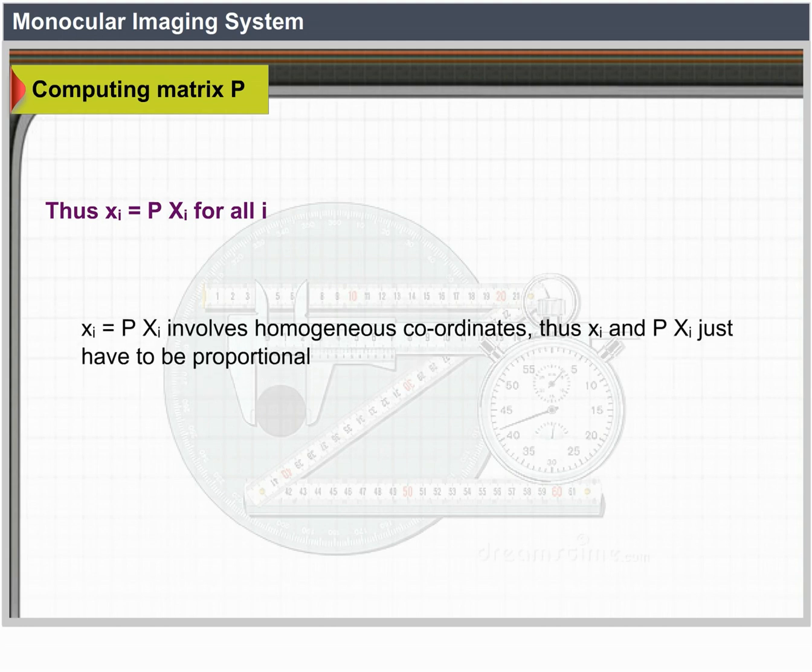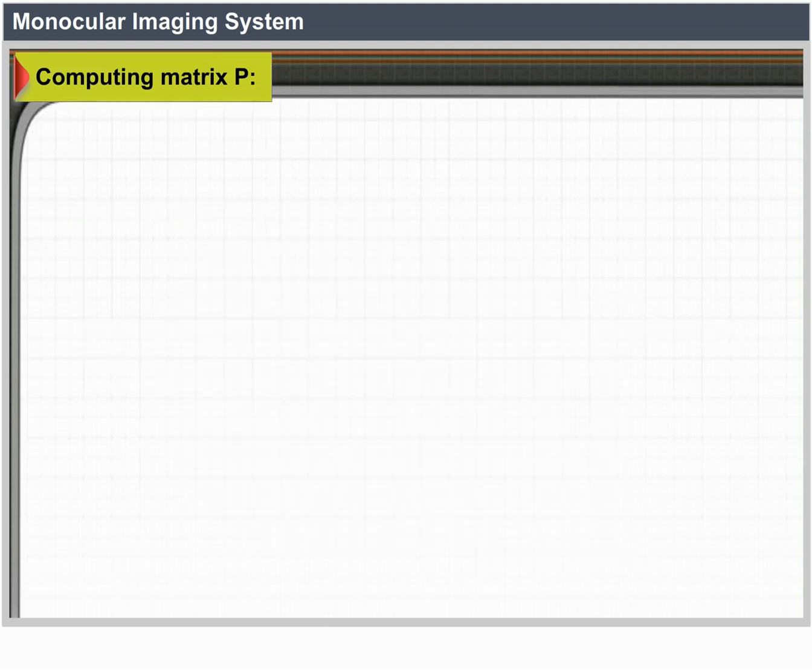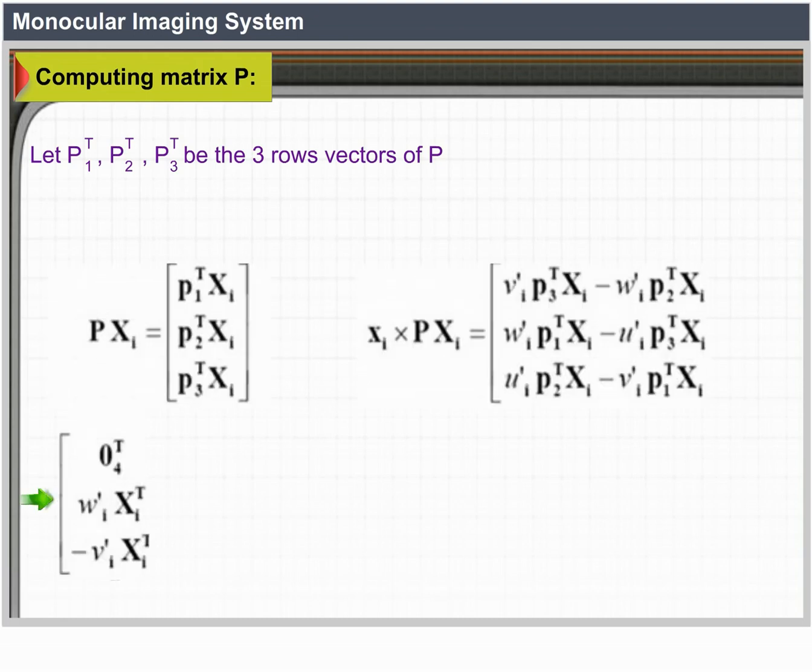xi equals P Xi involves homogeneous coordinates. Thus, xi and P Xi just have to be proportional: xi cross P Xi equals 0. Let P1t, P2t, P3t be the three row vectors of P. Please refer to the calibration matrix shown on screen.